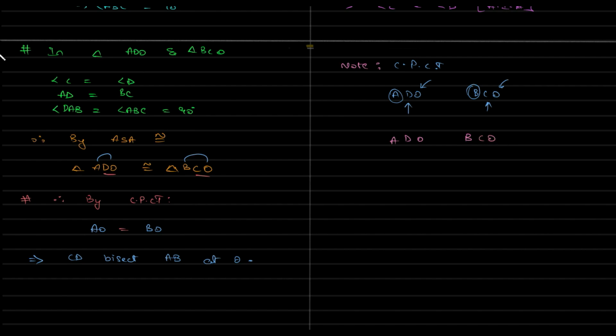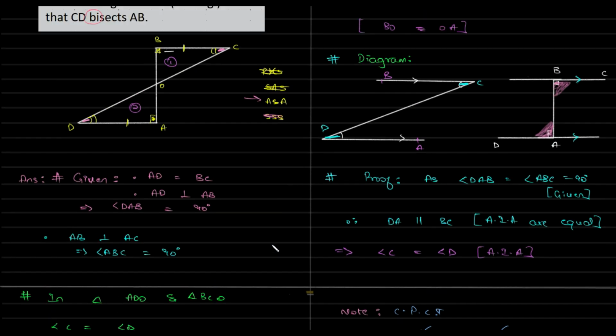We have AD equal to BC, DO equal to CO, and AO equal to BO. So this is what CPCT helps you with. That's why you should always write things in order. So this is your answer.